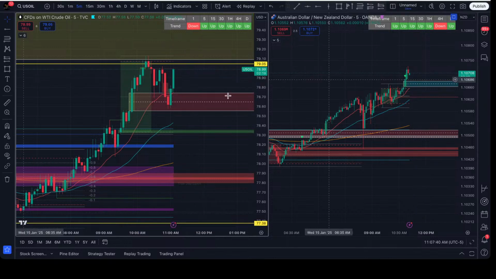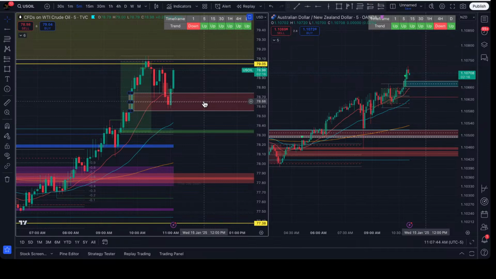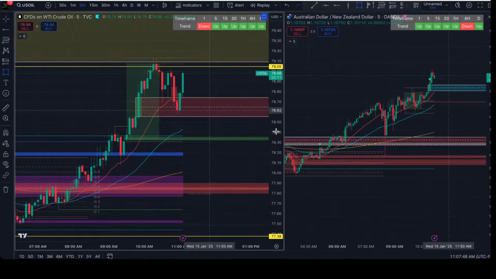Get rid of that. Instead, we'll paint this one.